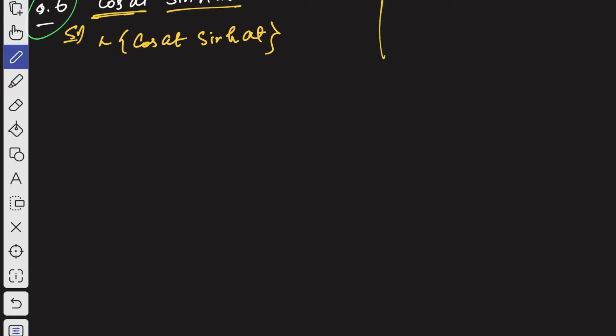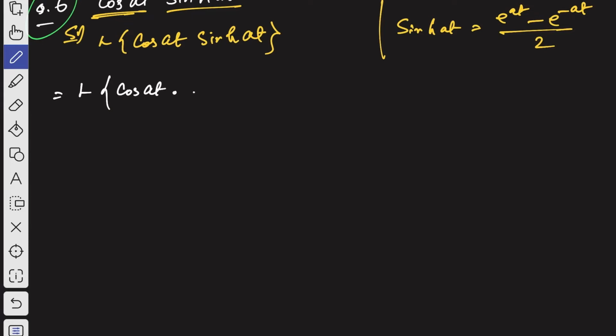So remember one more thing, sine hyperbolic at is e to the power at minus e to the power minus at divided by 2. So remember this formula. Now if you put here, then what you will get, Laplace transformation of cos at into e to the power at minus e to the power minus at divided by 2. That's what we will get.